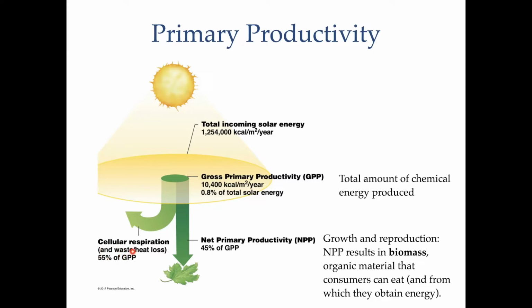So 55% of the gross primary productivity is actually spent by the primary producer. Only 45% is invested in growth and reproduction, and that is our net primary productivity, because it is what is going to be available for the next organism to feed on, and so the energy is going to move like this.